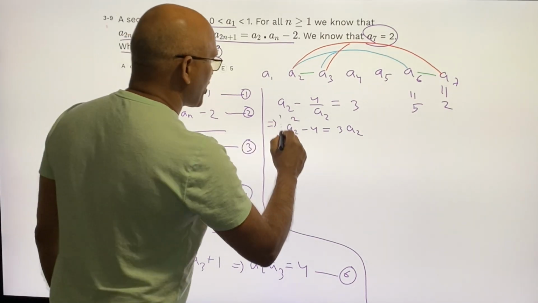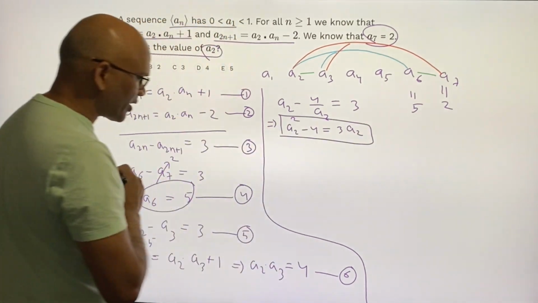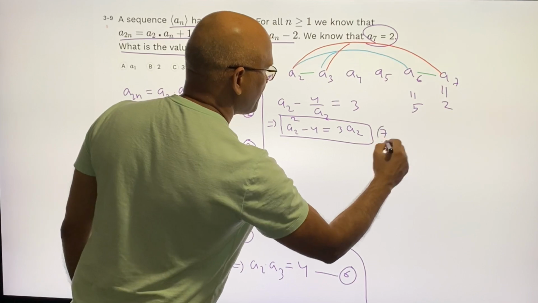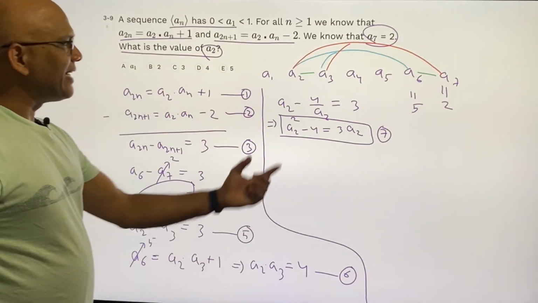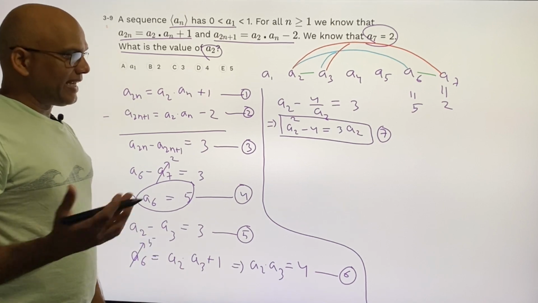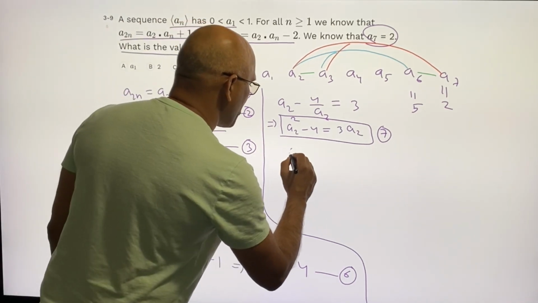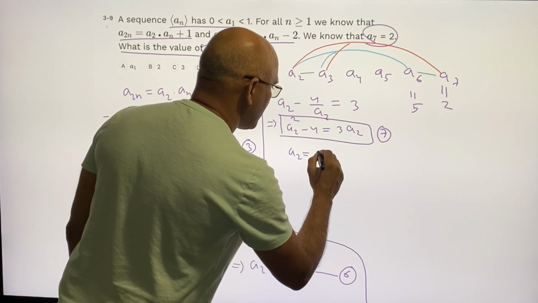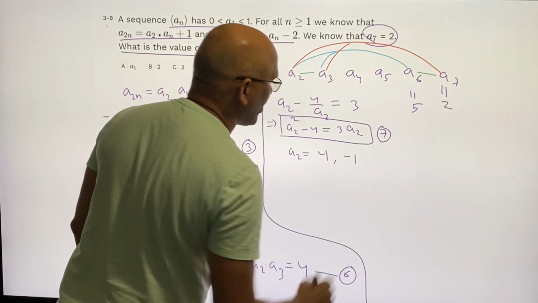So this is a quadratic equation. Let me call it equation 7, and I can easily solve for a_2. I'll spare you the details. The solution of this is going to be a_2 equal to either 4 or -1, and we can check it.